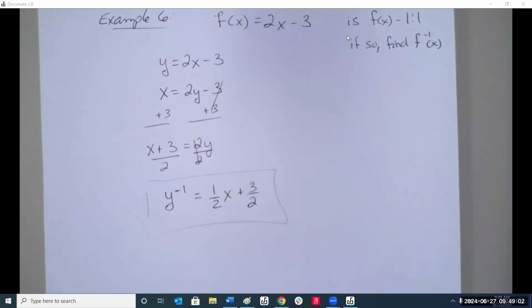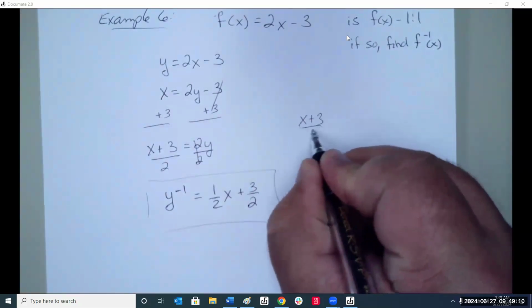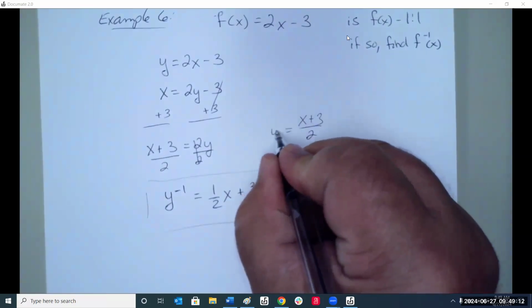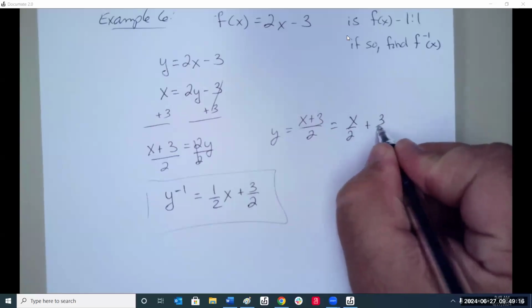How did you get that after that? Because I thought two divided by two is one. Okay, so we have x plus 3/2 equals y. So it's x over 2.